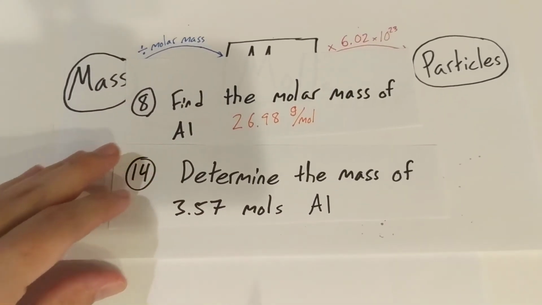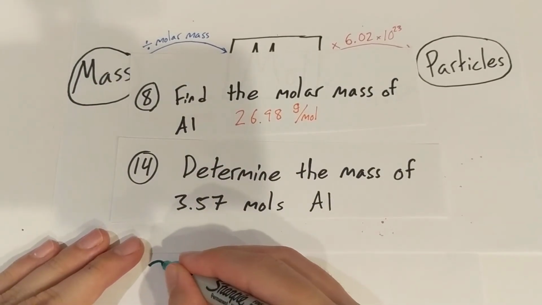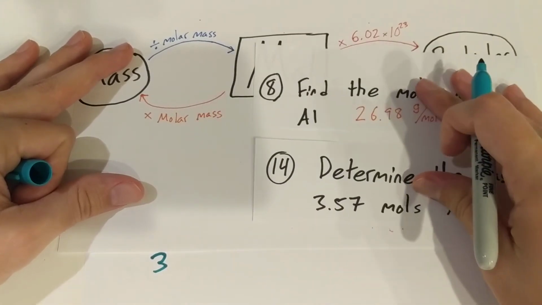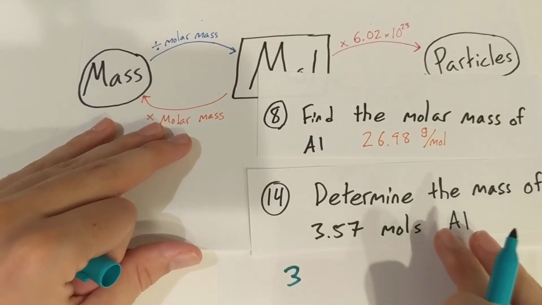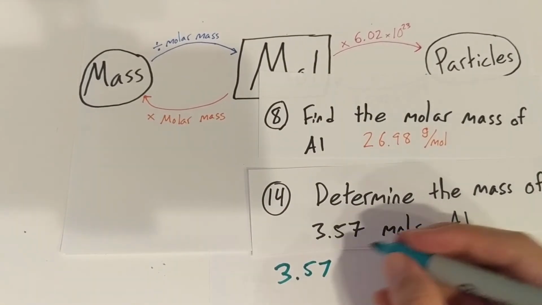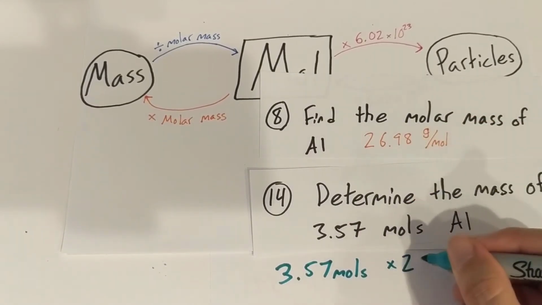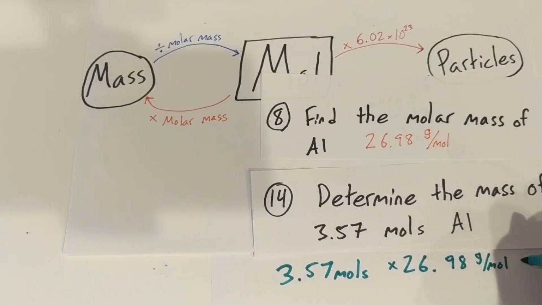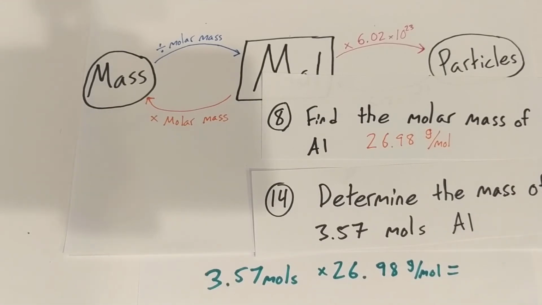These two numbers together. So it would be 3.5 moles of aluminum times 26.98 grams per mole, and that should give us the amount of grams.